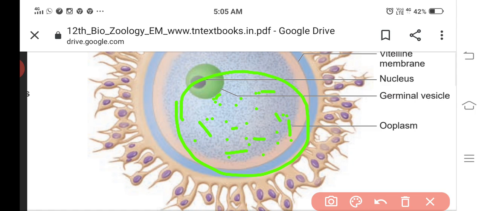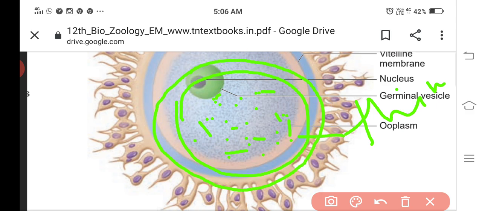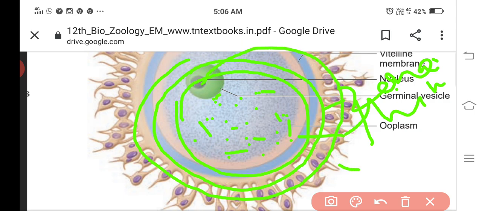The first, inner layer is called the vitelline membrane, which is thin. Next is the zona pellucida. Next is the corona radiata.